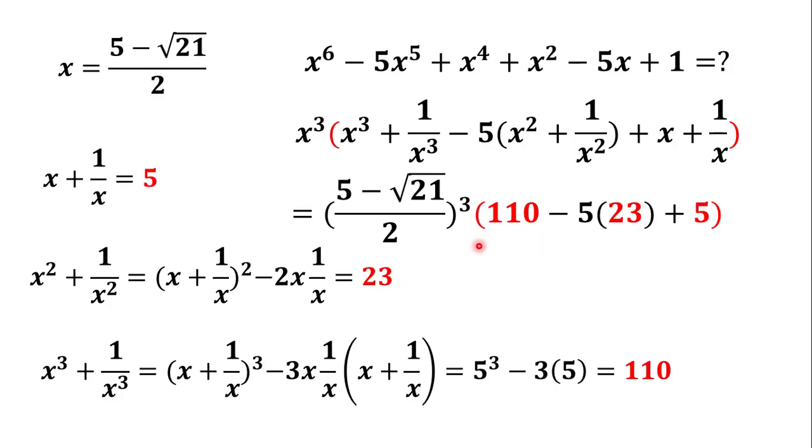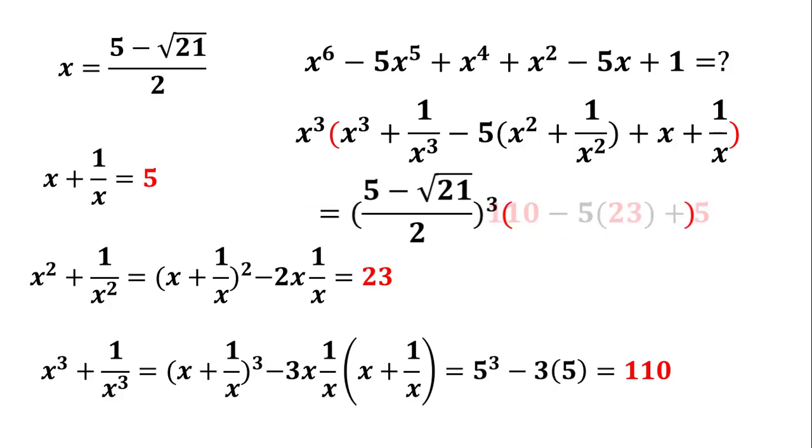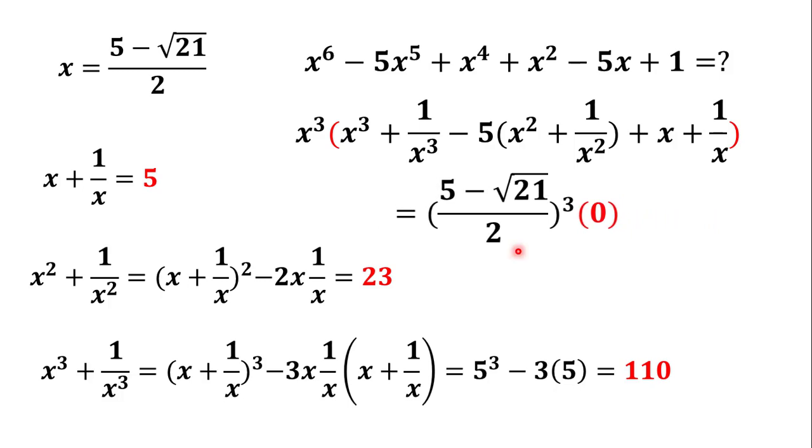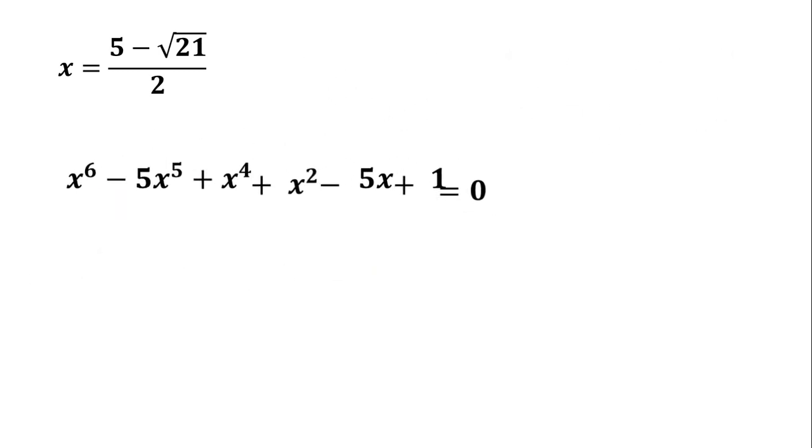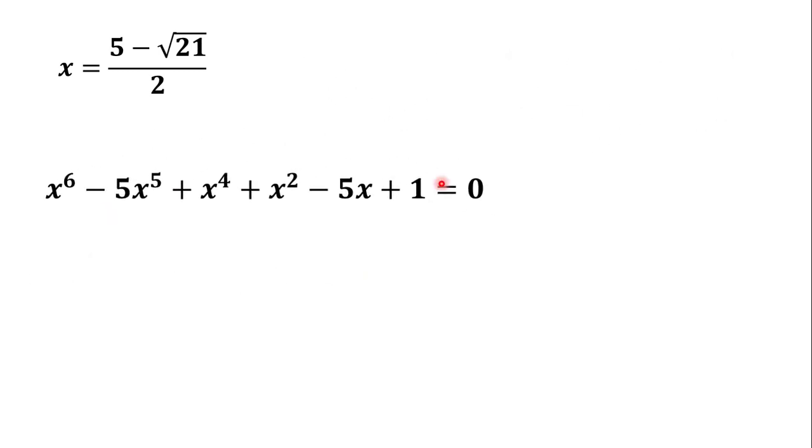In this parenthesis, 110 minus 5 times 23 plus 5 is going to be 0. So this expression is going to be 0.